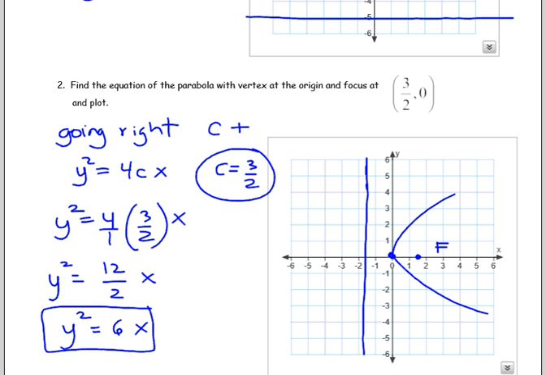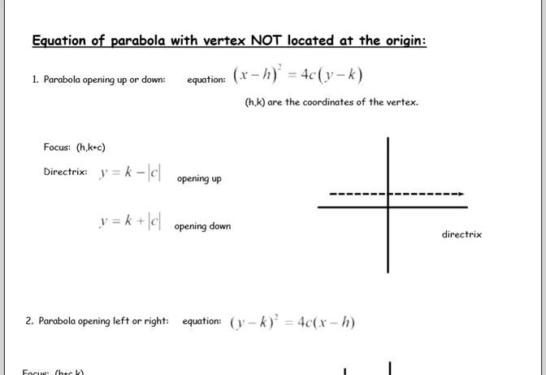Now, what happens if the vertex is not at the origin? Because that's going to happen, right? If it's not at the origin, then your equation looks like what you're used to by now, and there's an h and a k. So h and k are the coordinates of the vertex, okay?